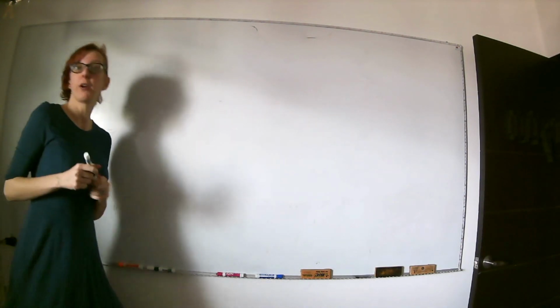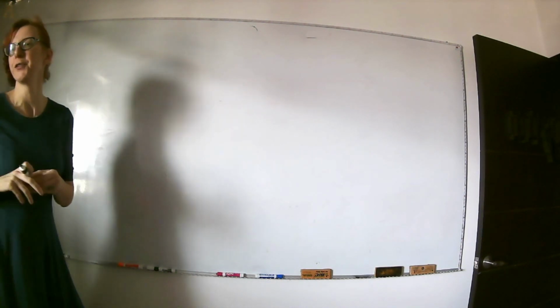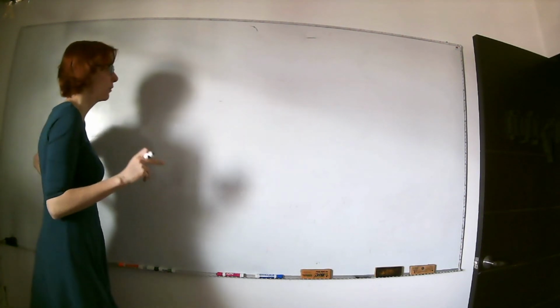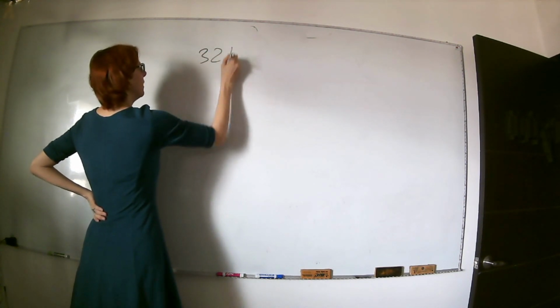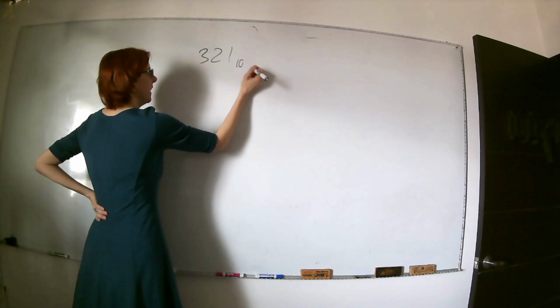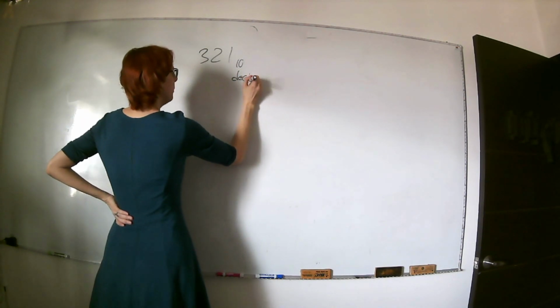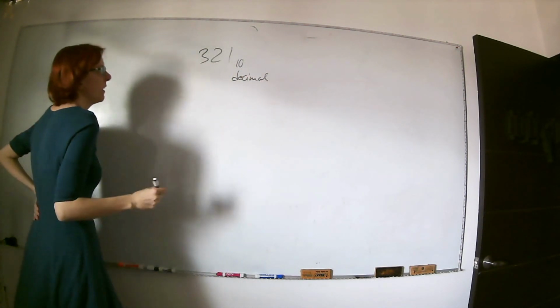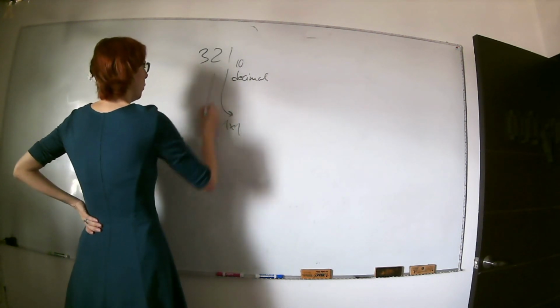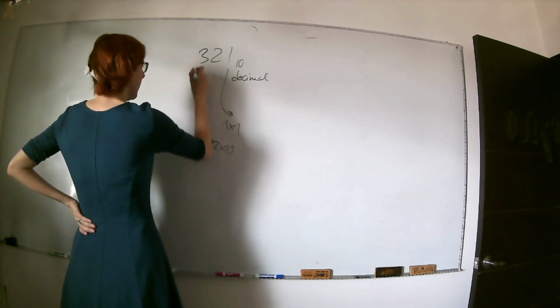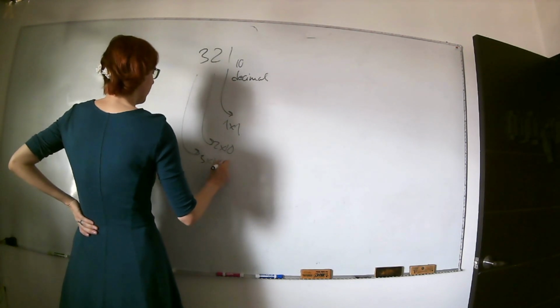Okay, we might not get very far in this class because nobody knows hexadecimal numbers, but we are going to try. When someone gives you a number like 321, you're thinking about this as a decimal number, meaning it's base 10. How do you interpret this in your head? You think it's 1 times 1, 2 times 10, and 3 times 100.